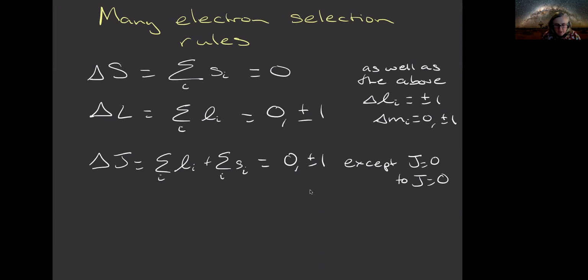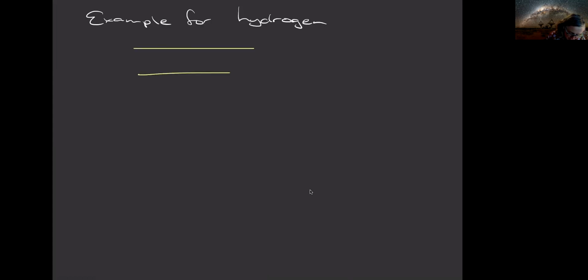So putting all of our selection rules into practice, let's just look at the hydrogen atom, the simple case, the single electron, the example for hydrogen. We might have, in the ground state, so this is n equals 1, n equals 2, and n equals 3.